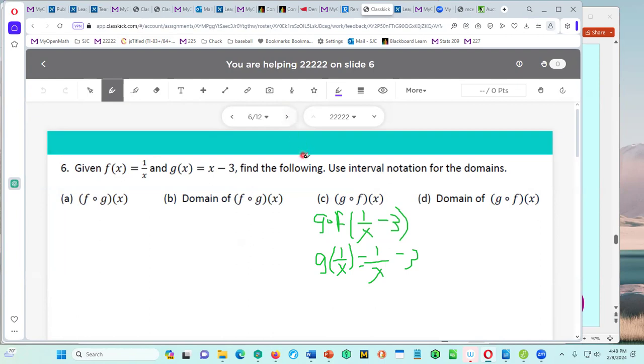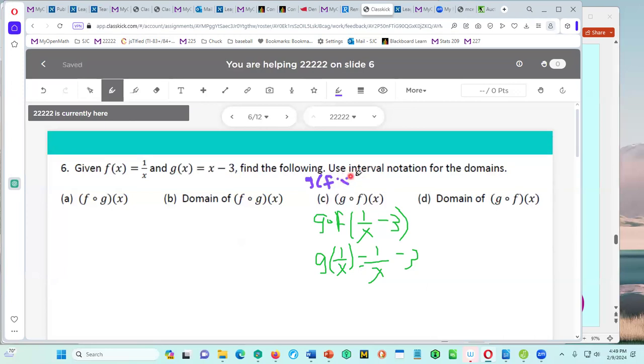Okay, I was just saying the answer is correct. The intermediate step is really just g of 1 over x, because this is g of f of x.